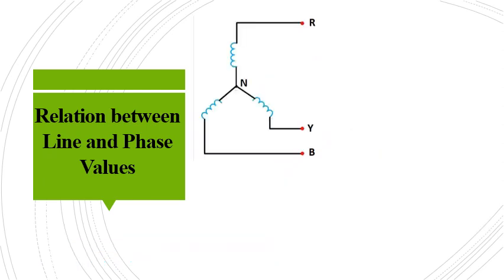Now let's see the relationship between the line current and phase current. The line current is the current through the transmission line. These line currents are marked with red arrows. This is transmission line 1, transmission line 2 and transmission line 3, and these are the three line currents.